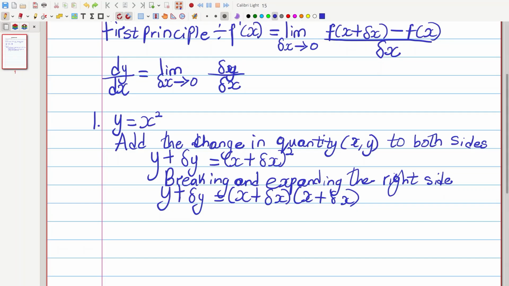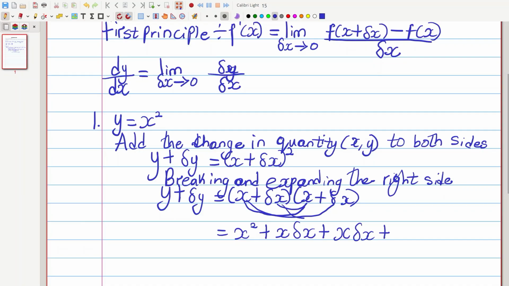So in order for us to expand it, we need to multiply it. This is where we do x times x, which will give us x squared. x times delta x will give us x delta x, plus delta x times x, that would be x delta x, plus delta x times delta x, that'll be delta x squared.